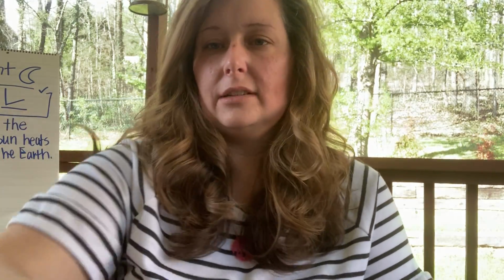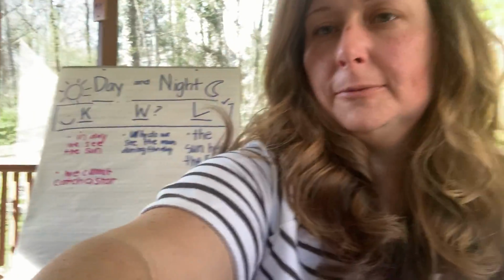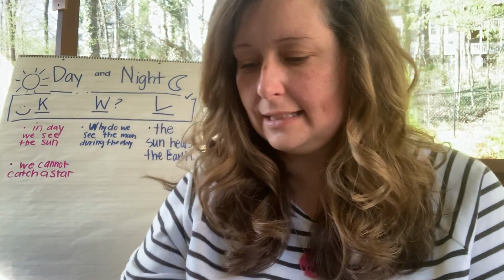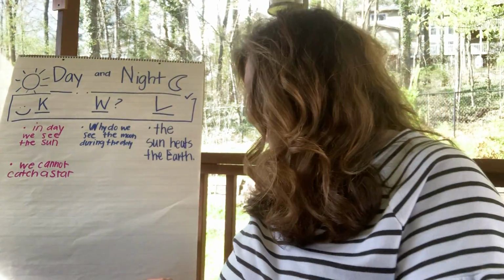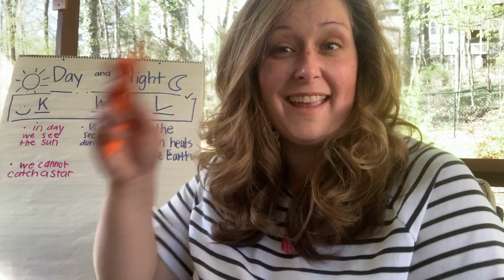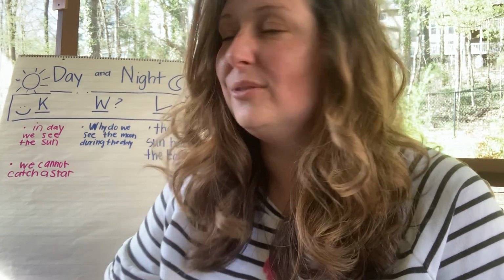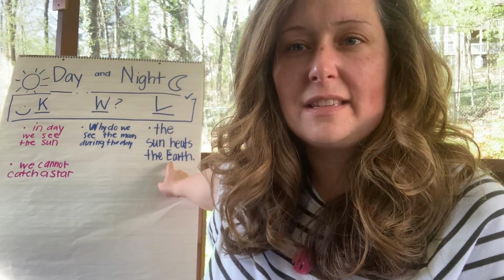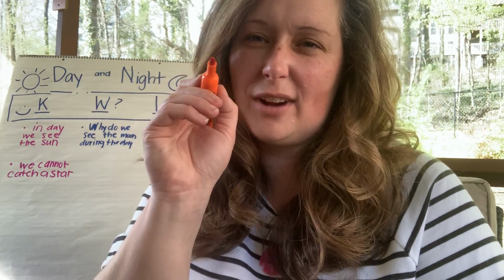You can notice that I still have our KWL chart back here, and I wanted to add some new learning to our chart. And I should have actually used the orange yesterday when I was writing the new learning that Gunnar helped us with about the sun heating the earth. So I'm just going to trade out now and add this new piece of learning on there with the orange.